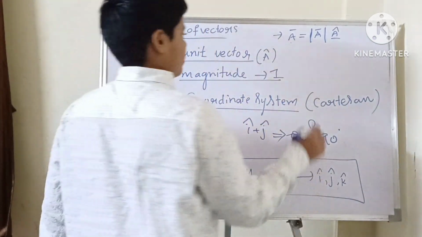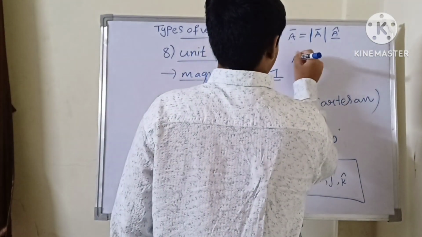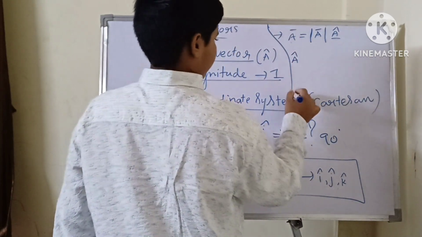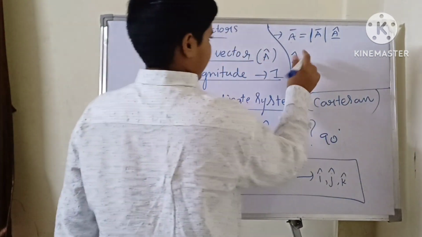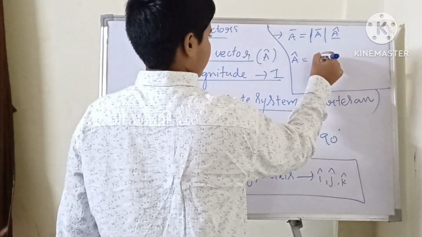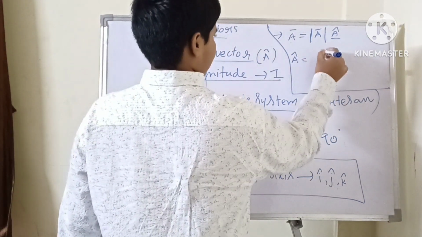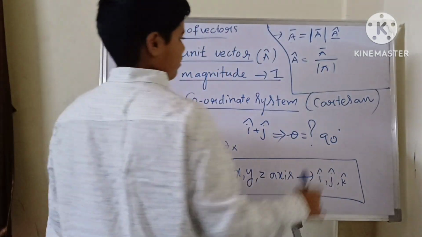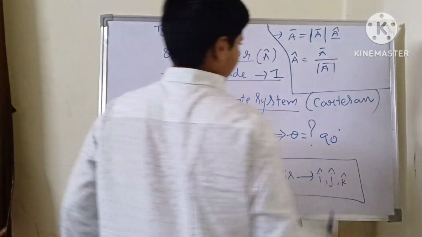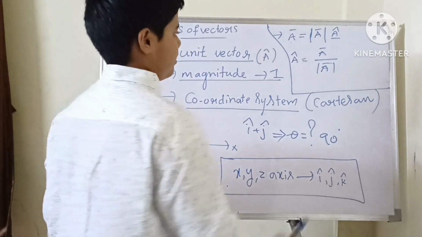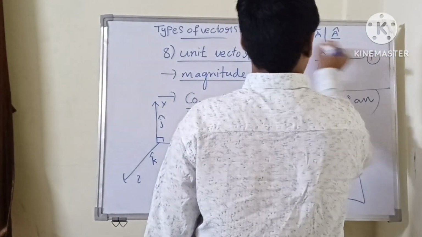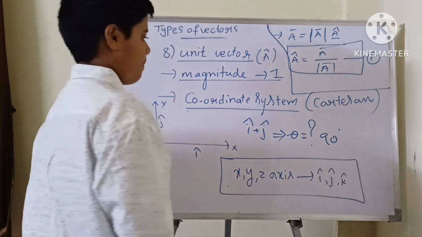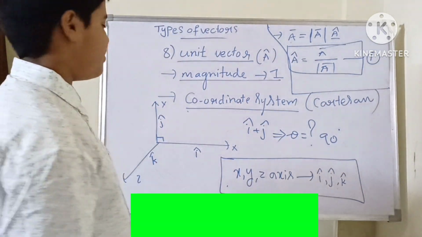Otherwise, by this formula, a cap equals a bar by mod a bar. This is the derived formula of this equation. Okay. So these are the types of vectors.